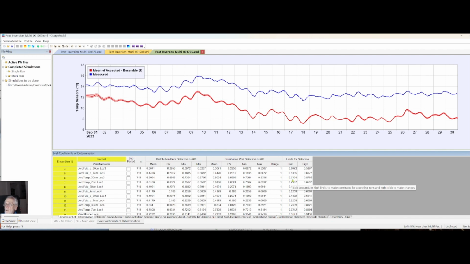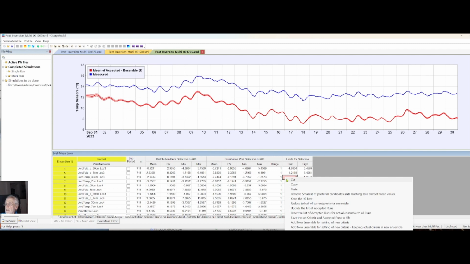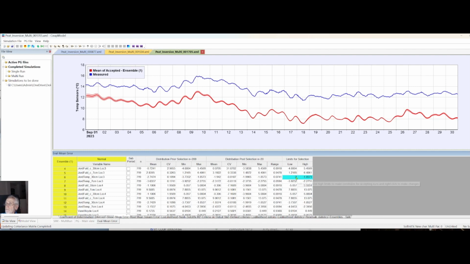It might be tricky to see exactly, because it's a little bit small, but I will try to set it from -2 up to -1.85, and then I right click and update the list of accepted runs, and then I find 20 that satisfy those conditions by the specific values that I have selected.